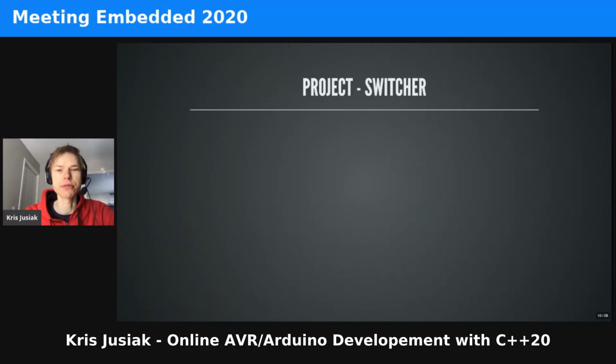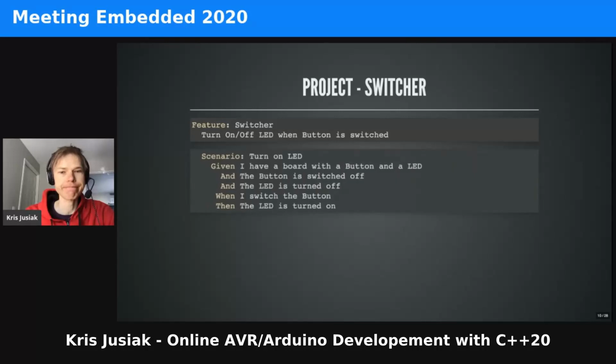As I pointed out, the project will be a switcher. So if we write the requirements for it, the feature will be to turn on and off the LED when the button is switched. So we will have two scenarios which we'll try to implement, assuming that we have a board which has a button and an LED.